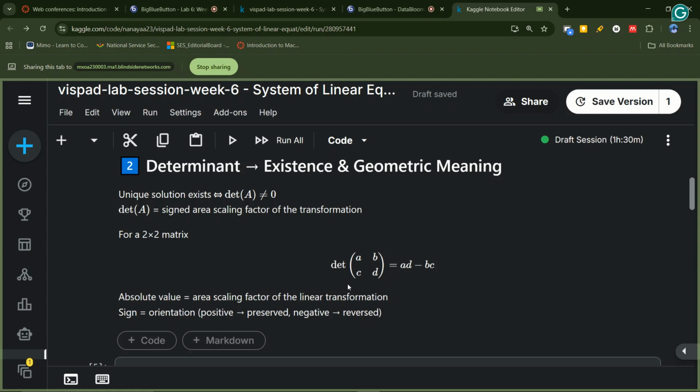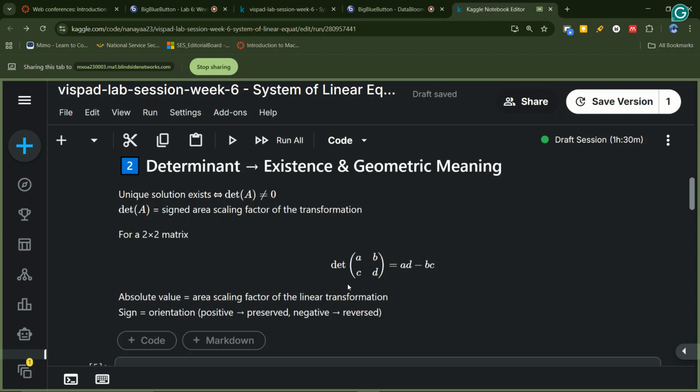And we say the determinant of some matrix is the signed area scaling factor of the transformation. We'll be seeing some visualizations later so you will understand what I'm saying. When we say determinant of A, remember we said the determinant is some scaling factor. But in this lab, we are trying to understand what specifically that scaling factor is.